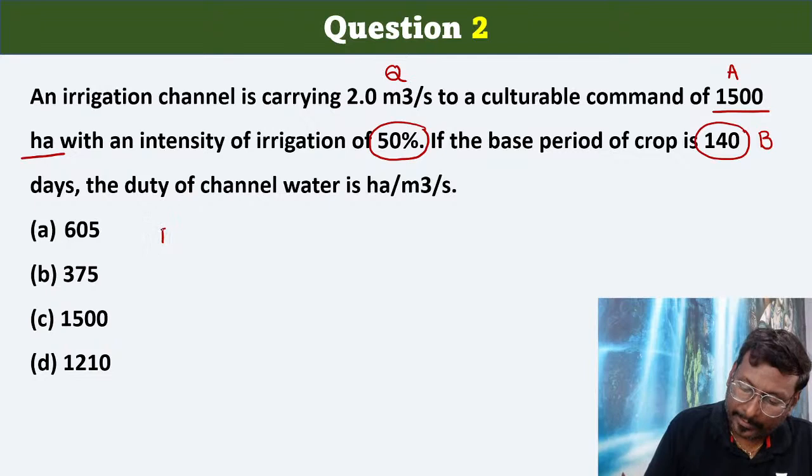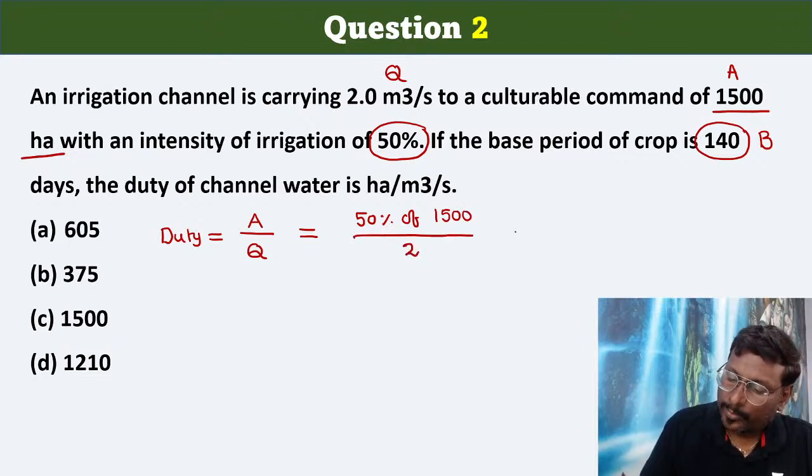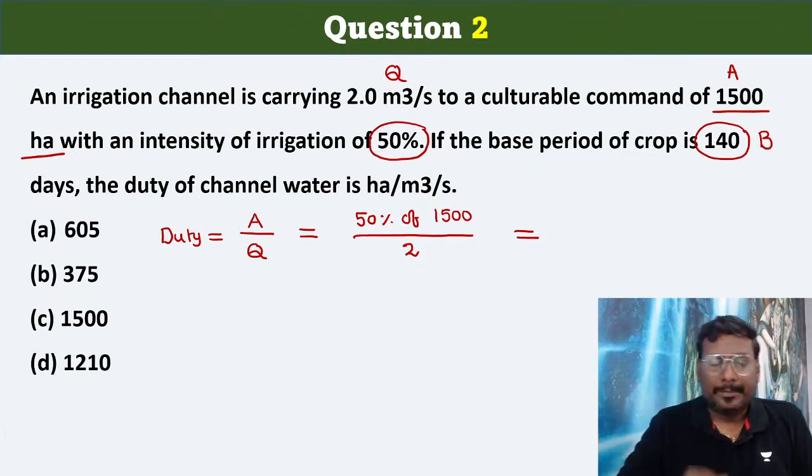So duty is area by discharge, area is 50% of 1500, discharge 2 meter cube per second.